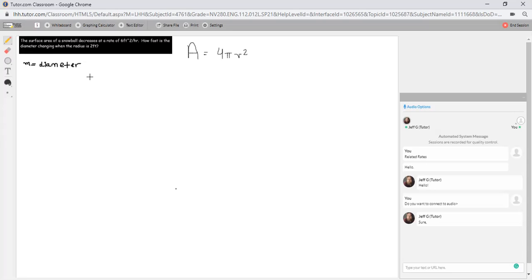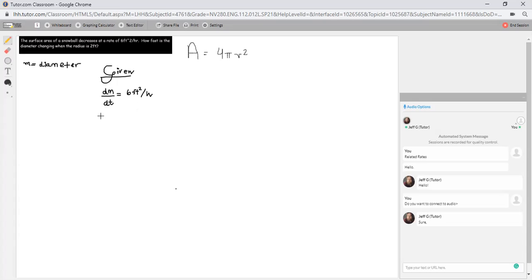Absolutely. So I could make a column here of what we're given. What we're given here is that dm over dt, where m is diameter, is equal to 6 feet squared per hour. And let me keep noting down what I have.